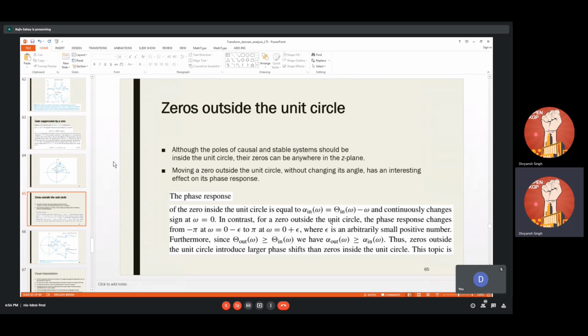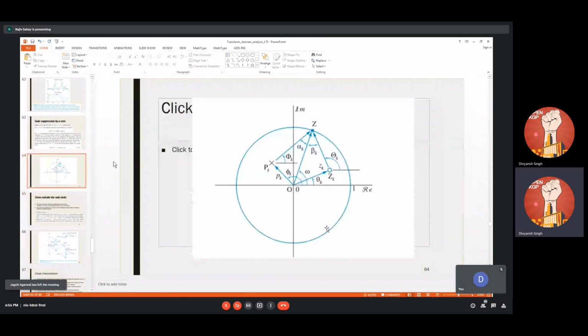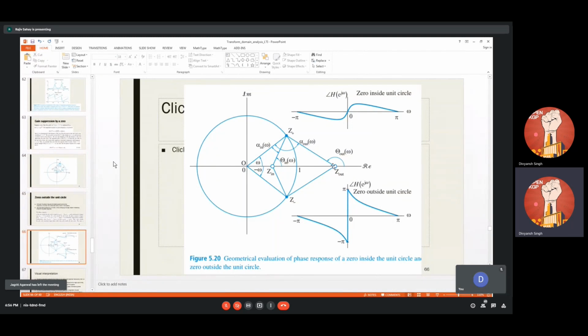In contrast, for a zero outside the unit circle, the phase response changes from minus pi at omega equal to 0 minus epsilon to plus pi at omega equal to 0 plus epsilon. This also you can understand. For example, here there is a zero outside and there is an angle that it is making with the vector from O to Z plus, which is plus omega from the x-axis.